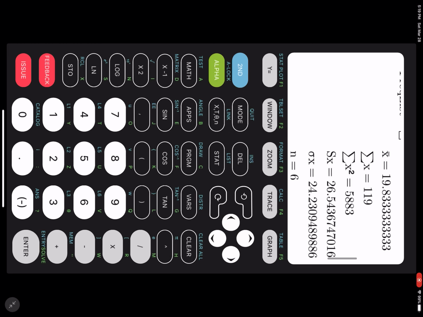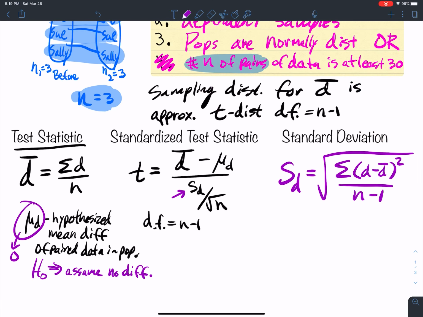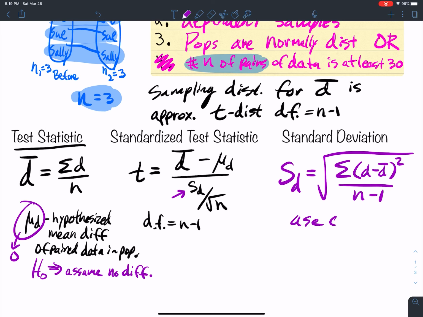It tells me my average x bar is 19.83. The x bar is your D bar. The Sx is your SD that you want. So your calculator is going to do this for you. Don't do that by hand. Use your calculator.